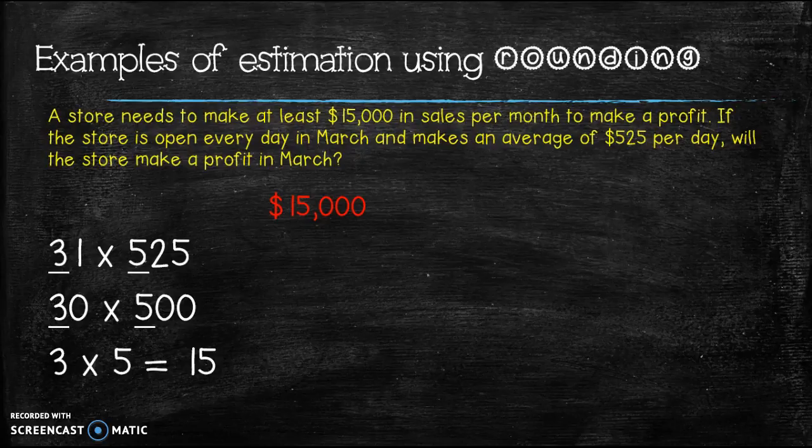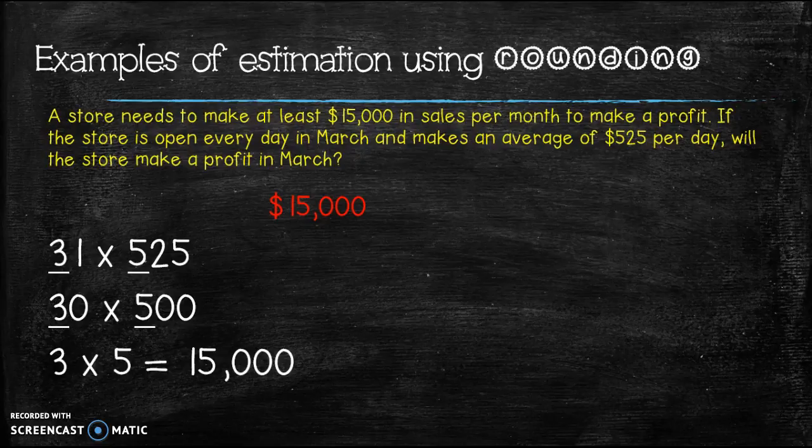So here we're going to do 3 times 5 because we've underlined the two non-zero digits, and that gives me 15. Now I just need to go up above and count how many zeros there are. 1, 2, 3. So I'm going to add 3 zeros. So I know that my estimate is, ooh, look at that, 15,000.